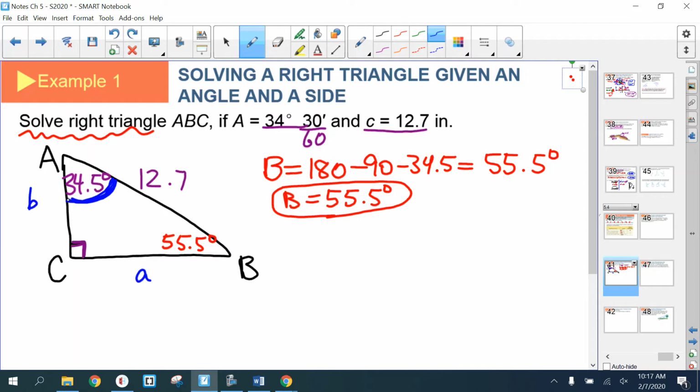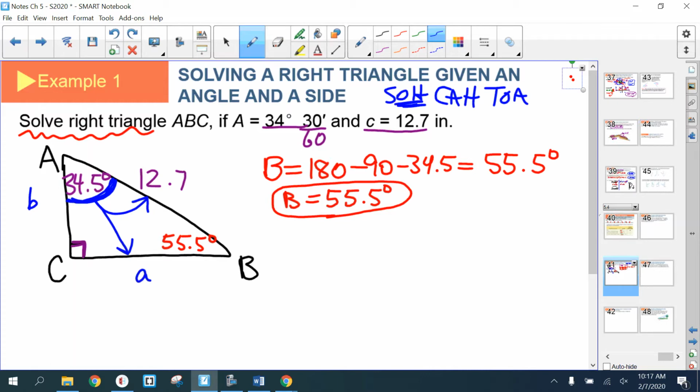Okay, so let's think about this. We can do SOHCAHTOA. If you look at the angle 34.5, I'm looking at opposite and hypotenuse. Okay, I can find side A using sine.